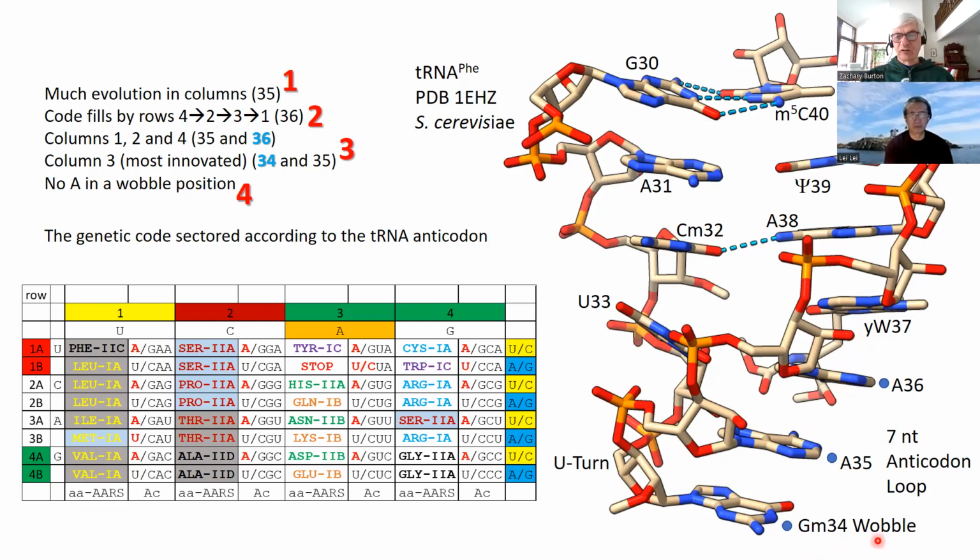So you have 34, that's the wobble position, 35, that's the middle position, and 36. And these 3 bases relate to the structure of the genetic code. So in a future webcast, we'll discuss the genetic code in more detail, but here I'll just partly introduce it.